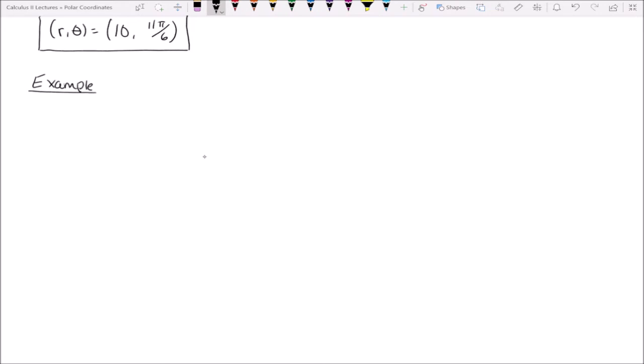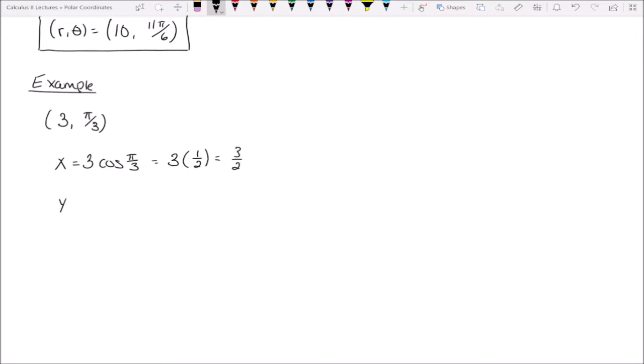Okay. Look at the polar point, 3, pi over 3. To describe this in rectangular, we use x is r cosine theta. So that's 3 times a half, which is just 3 halves.